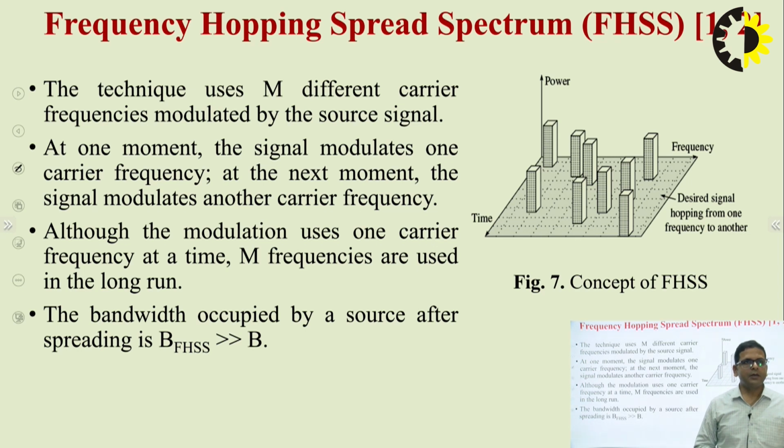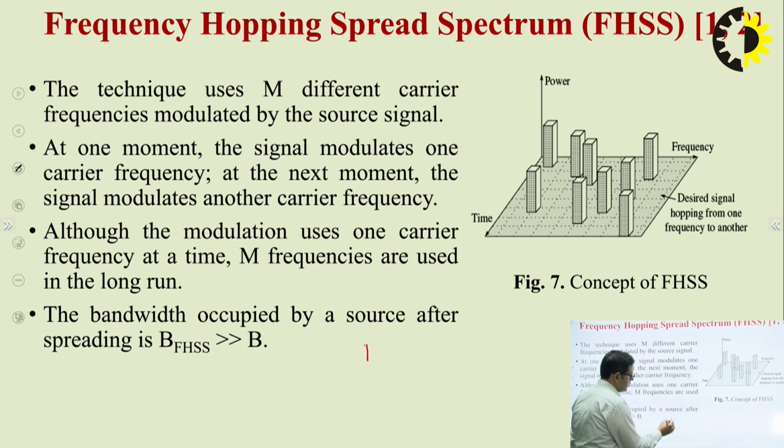At a particular instant of time, the baseband signal modulates only one carrier frequency, and at the next moment the signal modulates another carrier frequency. Also, in this modulation technique, the bandwidth is very much greater than the original signal bandwidth.